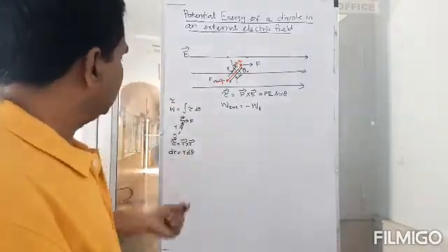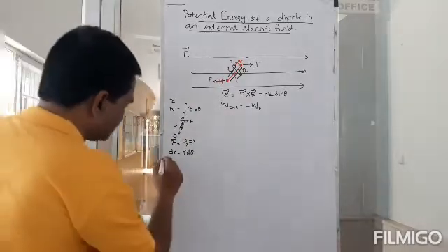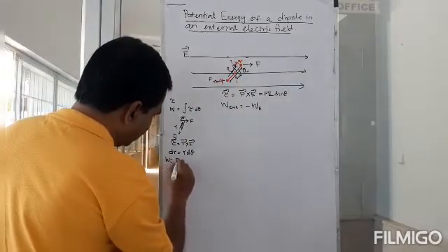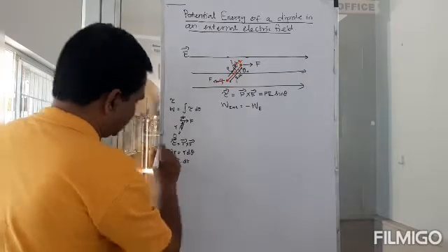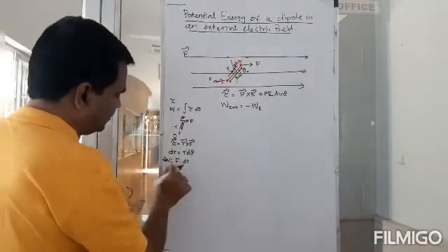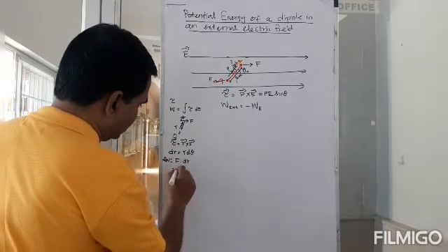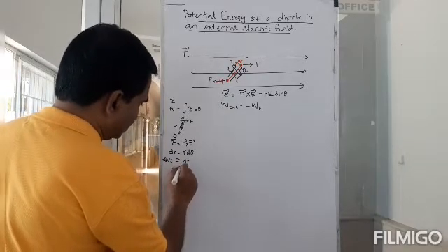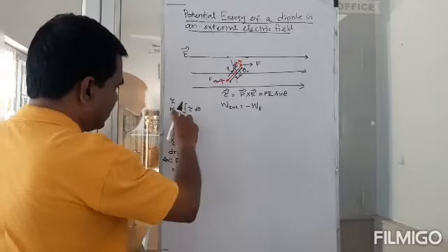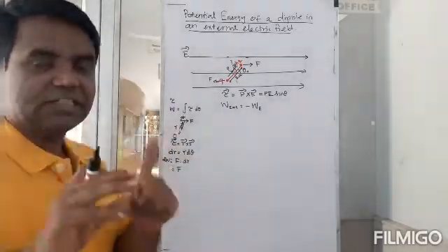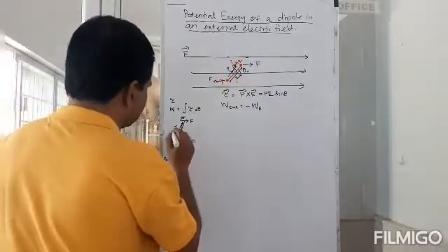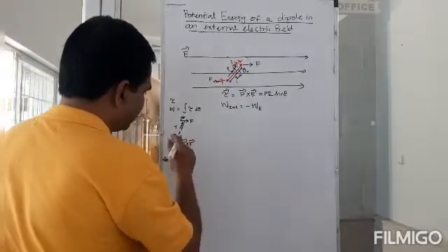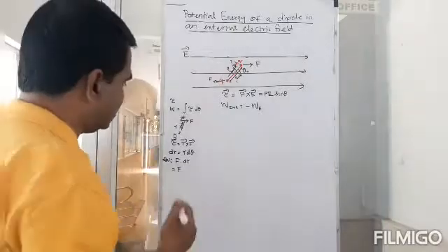Okay. Then what's the work done? Work done is equal to force into dr. So the small work done is the force into dr there. F I will keep like that. And then what is dr? dr is r into d theta. It's from the formula S is equal to r theta, right? When you have a small curve, you will have S is equal to r into d theta.